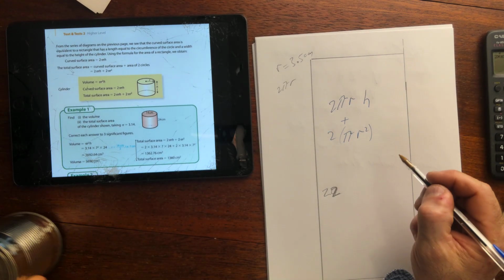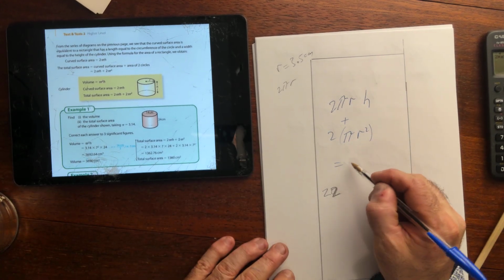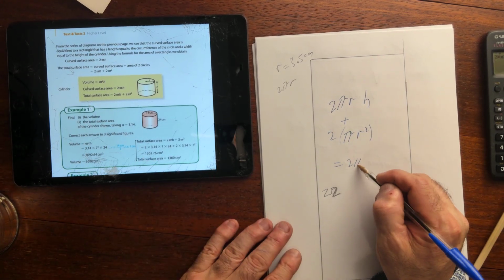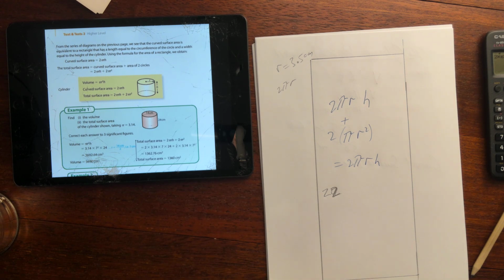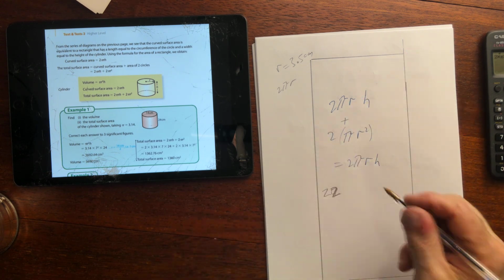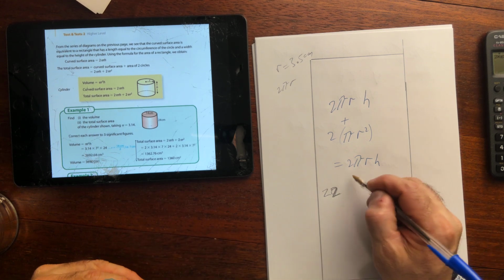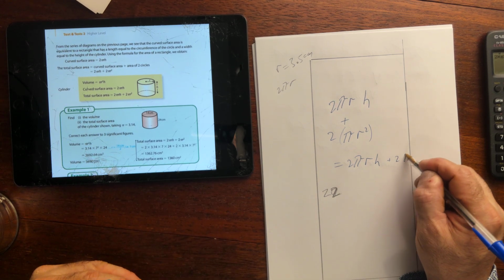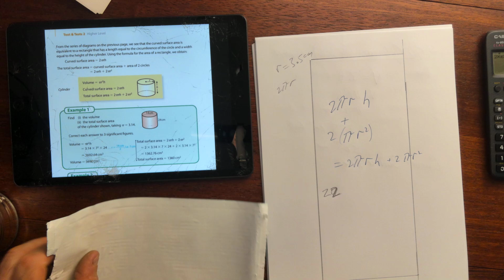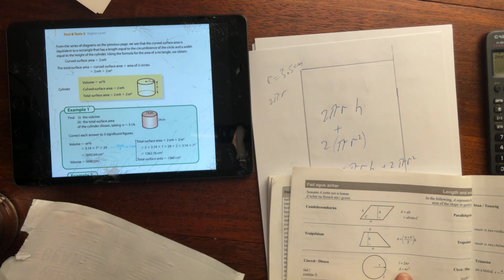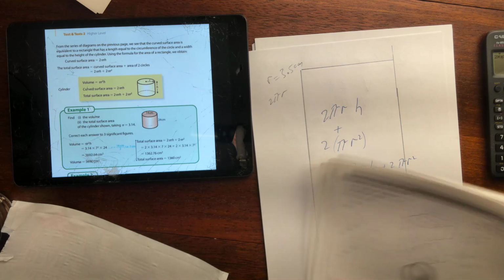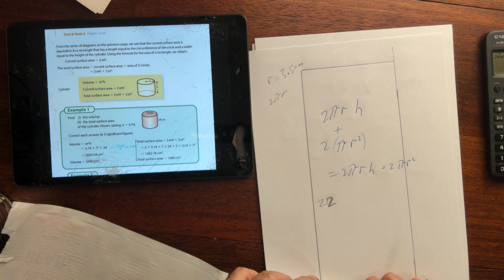So the total surface area is 2 pi r h plus 2 pi r squared, which is 2 of them. Okay, so let's get on to the examples.